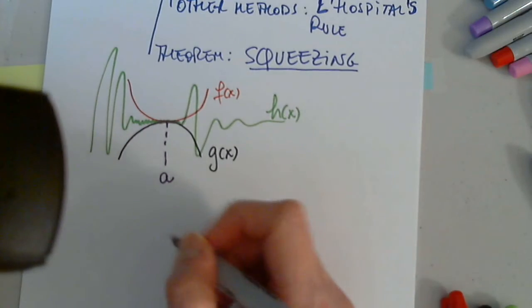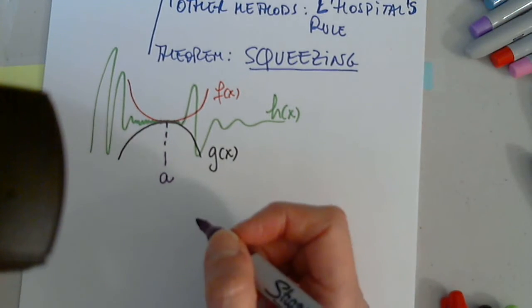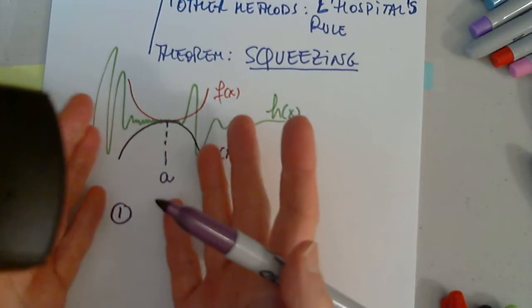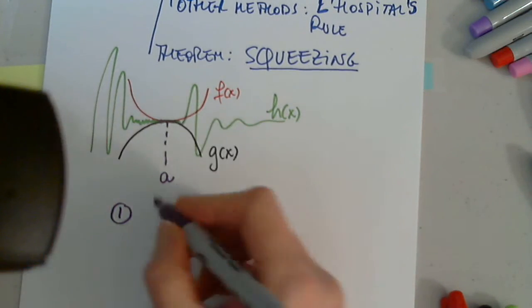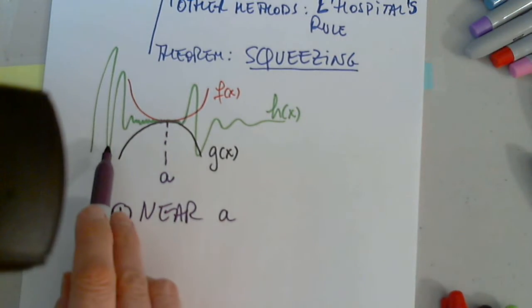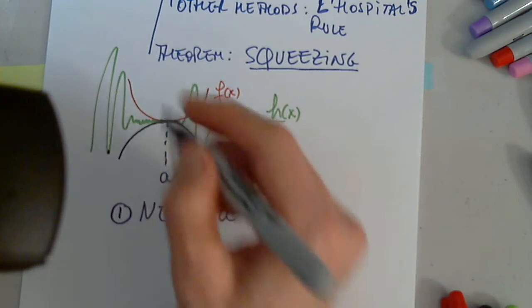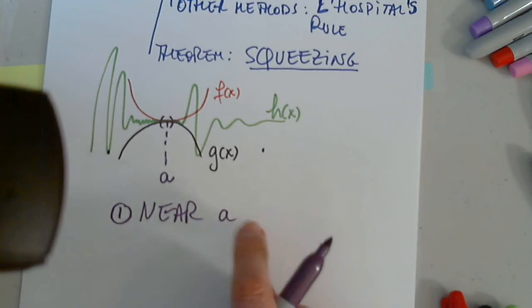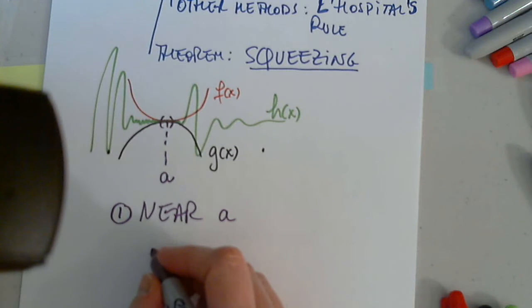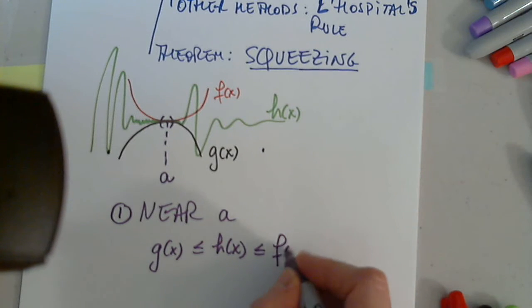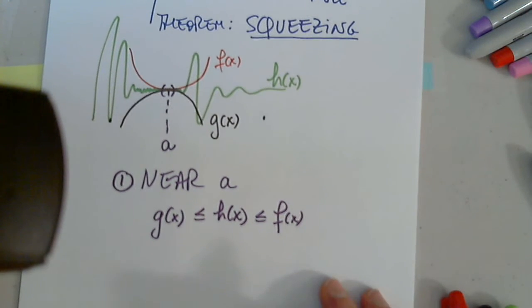So the squeezing theorem has two hypotheses. Hypothesis number one, based on this graph, can I say that near A, I'm not talking about here or here, I'm talking about here, near A, that g of x is less than or equal to h of x, which in turn is less than or equal to f of x?